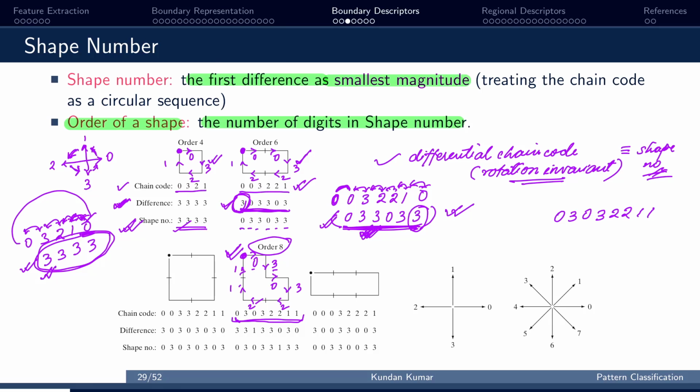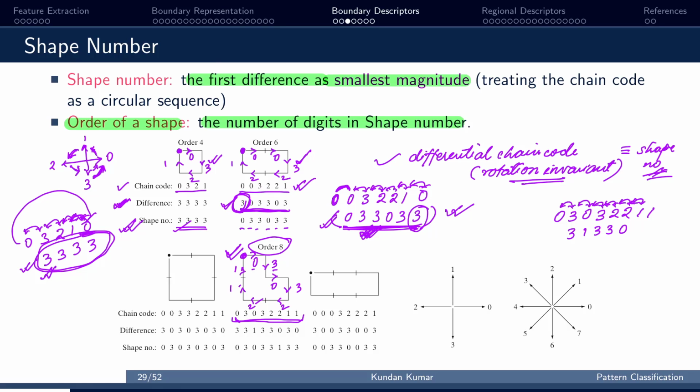Okay, so now we have to write the first difference. So how many steps do we need to traverse from 0 to 3? So when you count, it will be 3. So how many steps are required to move from 3 to 0? So here, see, only one step is required to move from 3 to 0. So it is 1. Okay, then 0 to 3, it will be 3. 3 to 2, it will be 3. 2 to 2, same number, so it will be 0.